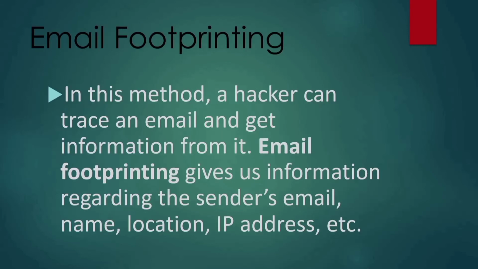Now, email footprinting. In this method, the hacker traces our email and gets the sensitive information from it. We collect information regarding the sender's email, name and location, and also the geographical location and IP addresses. The PoliteMail tool is used to gather information present in the mail communication of the target system.